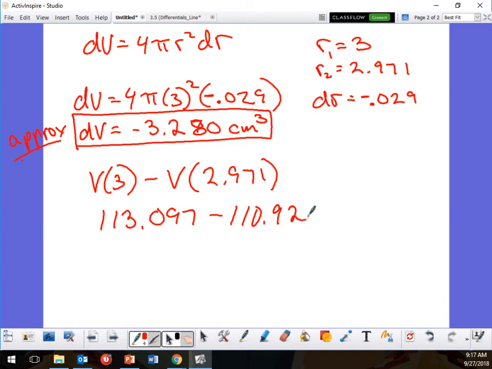The only problem with the approximation is that it's greater. So what do we get for the actual loss? Negative 3.248. For the actual loss, we're losing that much, right? So the approximation is close, but not exactly. We expect it to be close when we're approximating.